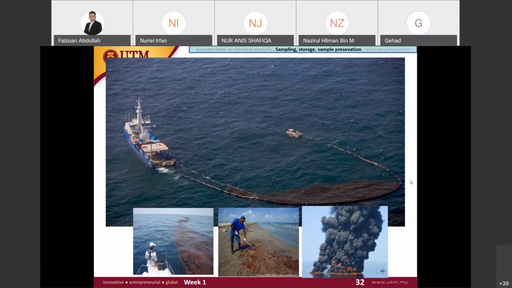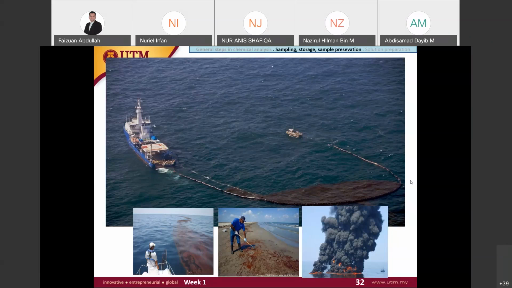What other sampling procedure or process could be appropriate to sample the smoke? Anyone else? Ahmed Sabri, okay.